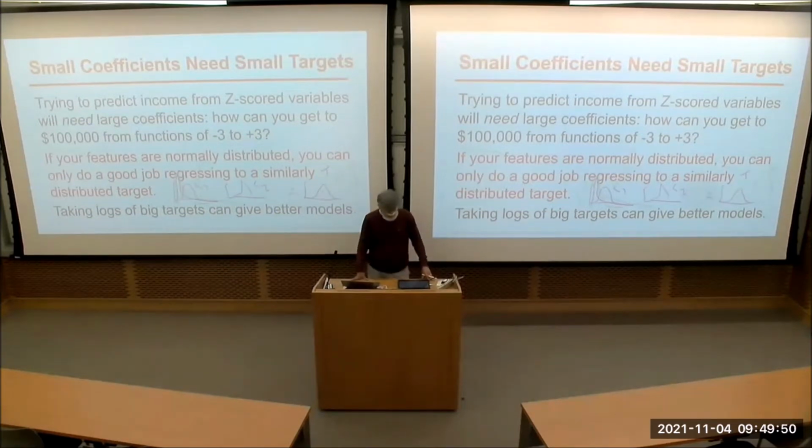If you predict the log of income, it can be converted to income afterwards if you really need to, and you'll probably do a better job if the feature distributions match the target distribution. Any questions? That I think should be obvious.